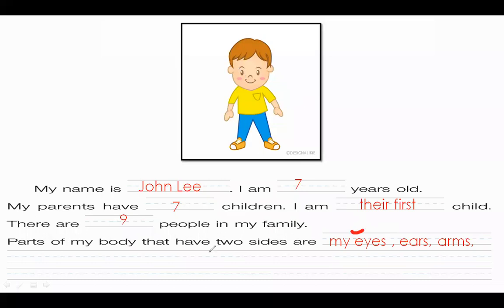Why? Because it has 2 sides. 1, 2. Ears, 1, 2. Arms, 1, 2. Next, hands. He also has 2 hands. Feet. He also has 2 feet. And legs. He also has 2 legs.